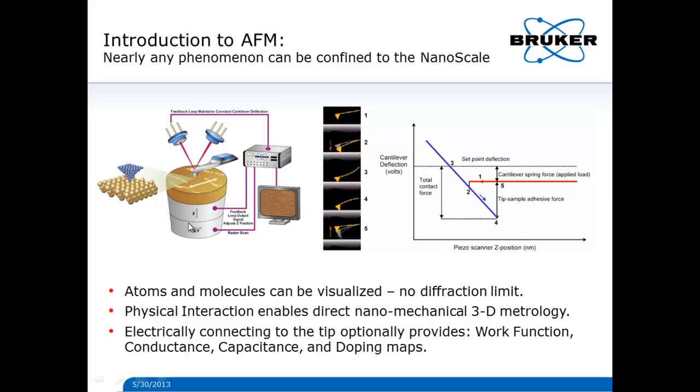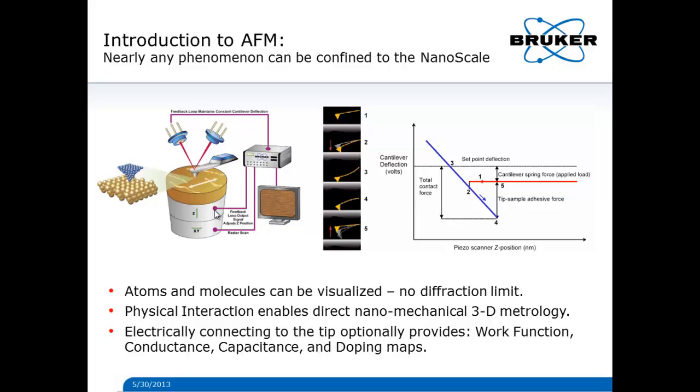There's a scanner which allows the sample to be moved relative to the tip in X, Y, and Z. There's a controller which implements a feedback which keeps some signal constant, like the deflection of the cantilever. This would be contact mode. Basically it's moving Z, the Z piezo, in order to keep that deflection constant.